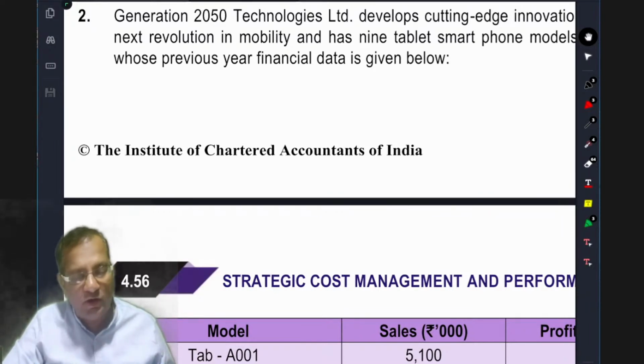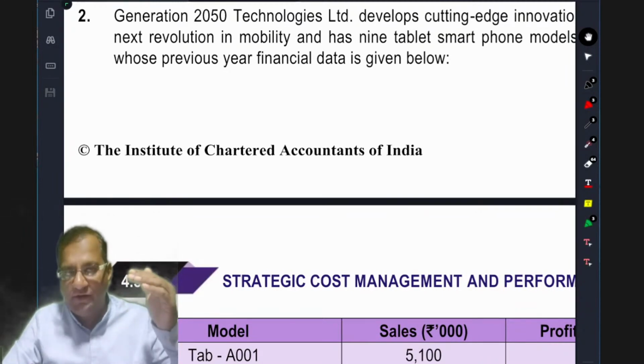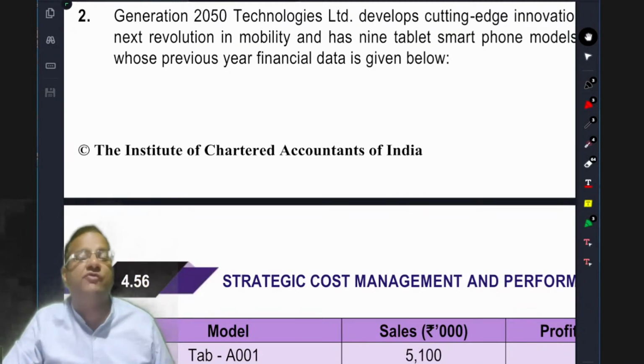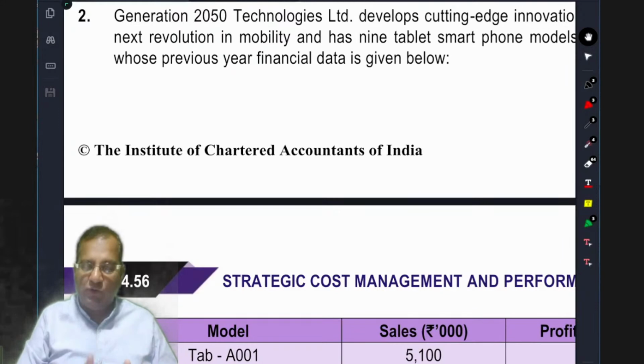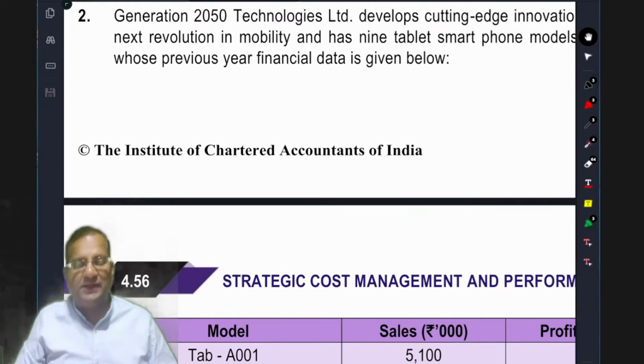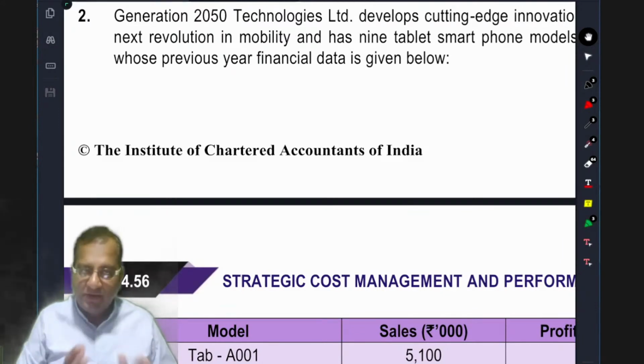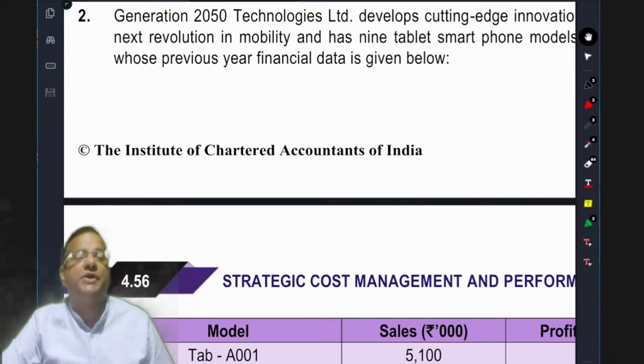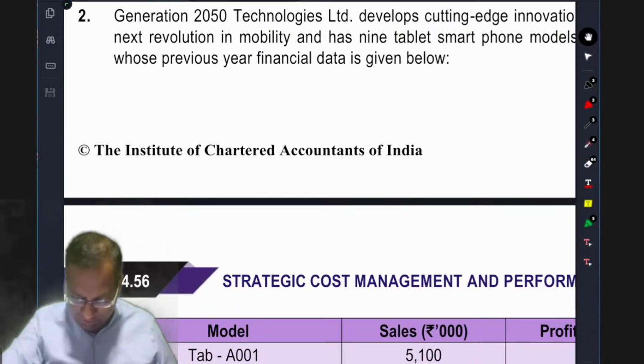What do you mean by descending order? Starting from the highest and going to the lowest. You have to arrange each and every data in descending order, and then convert them into percentage terms, and then the cumulative percentage terms. That's it. That is known as the Pareto analysis chart. Okay, beta?